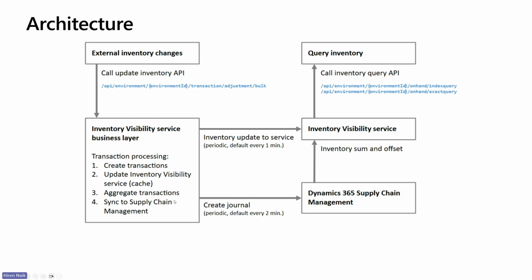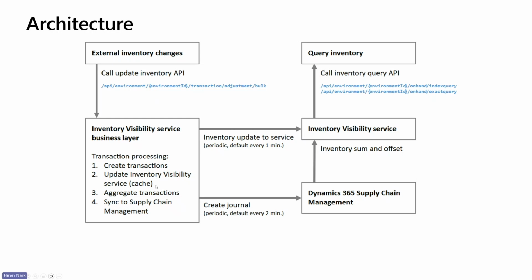Again, the journal creation from inventory visibility service to Dynamics 365 supply chain management will run on a periodic basis, and it will automatically create those aggregated transaction lines in Dynamics 365 supply chain management. It will automatically post the journal, and it will also sync back those inventory changes to the inventory visibility service, as well as offset any inventory adjustments you have done as part of the inventory visibility service.